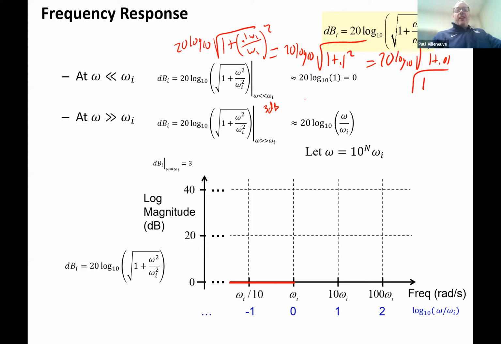If we're much greater, so 20 log 10, and let's do a decade above, 1 plus 10 squared. Would you say 100 is a lot bigger than 1? Kind of.